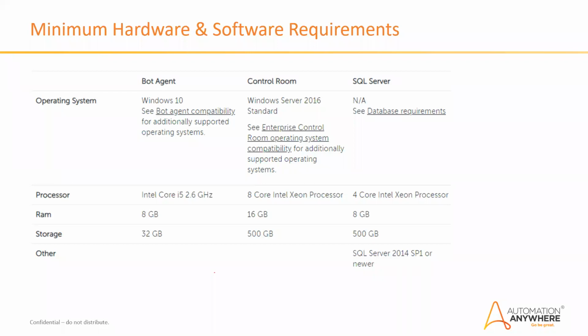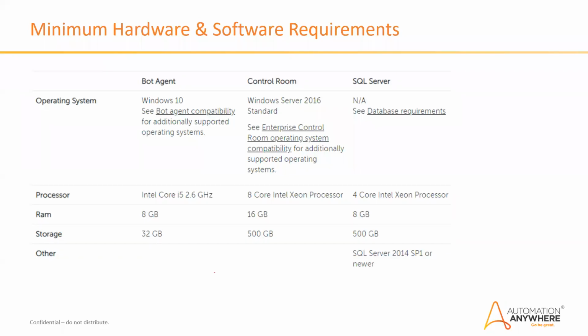Control Room does require a minimum of Windows Server 2016 Standard. From a processor point of view, an 8-core Intel Xeon processor, 16 gig of RAM, 500 gig is the absolute minimum that we require. I do get asked a lot of questions around what if any of those machines don't actually have those specs?